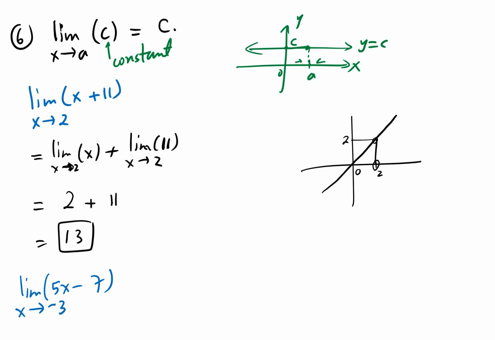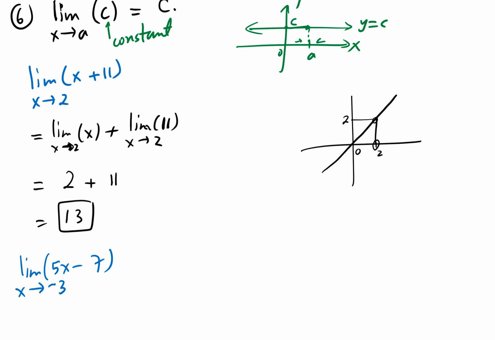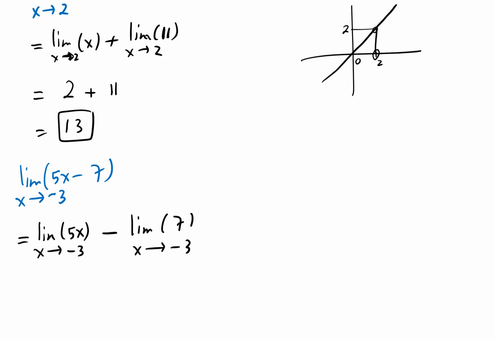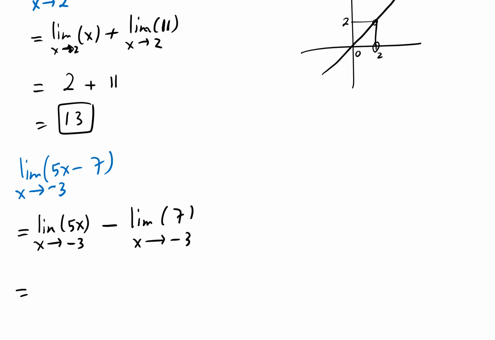How about something like this? Do not just substitute the number in your head and give me the answer. What you need to do here is write the limit of the first one as x approaches -3, minus the limit of the second one as x approaches -3. What do we get here? I see a constant 5.